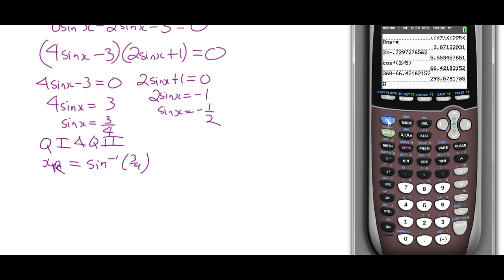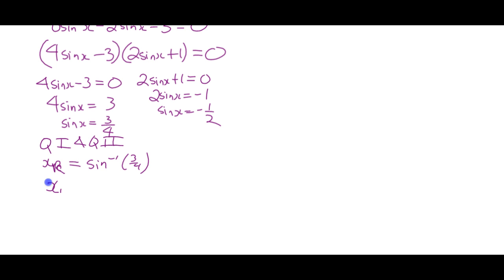Okay, what do we want? Inverse sine of 3/4. 0.85. I'm going to go with 0.85. And here, this is Q3 and QIV.